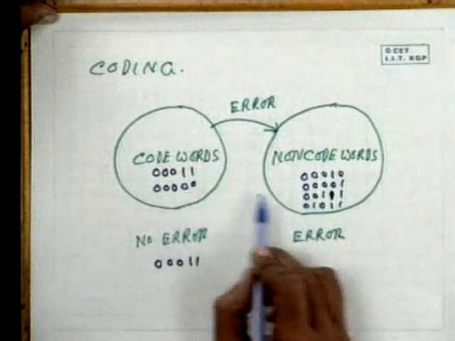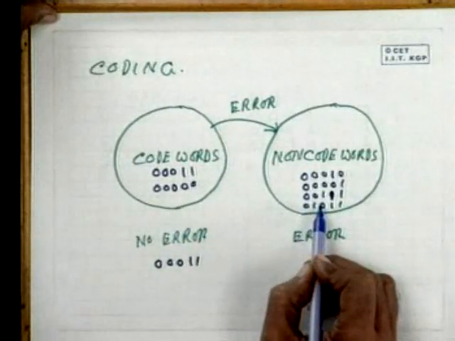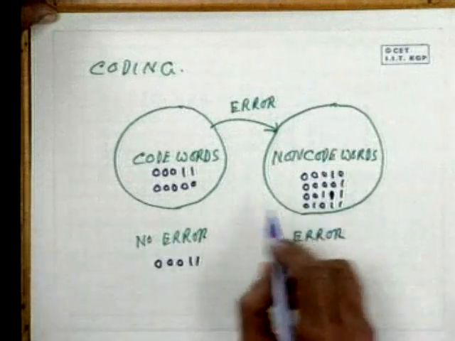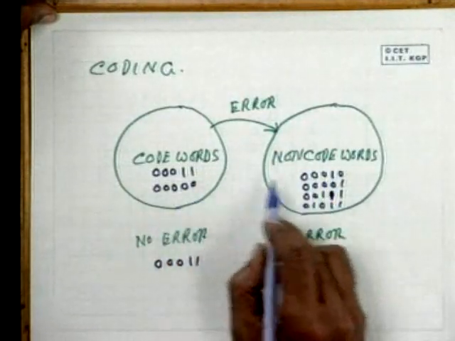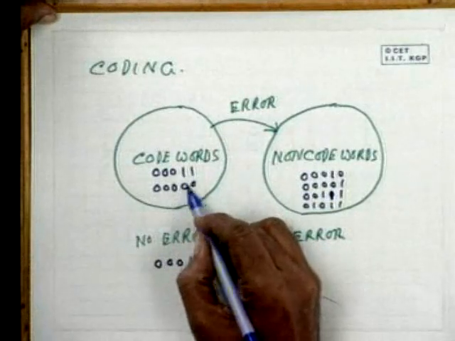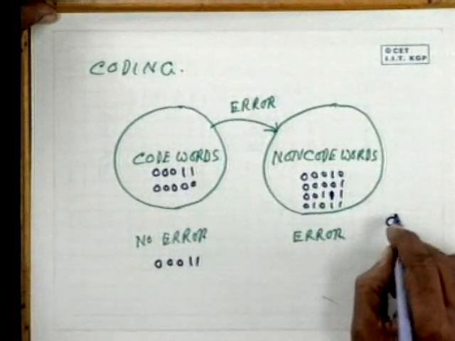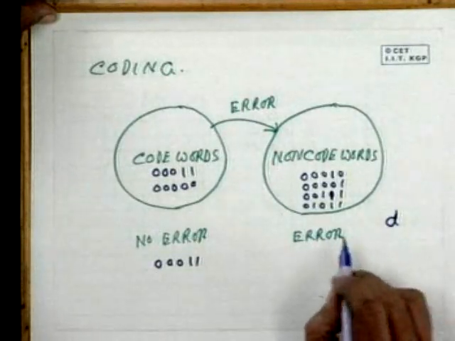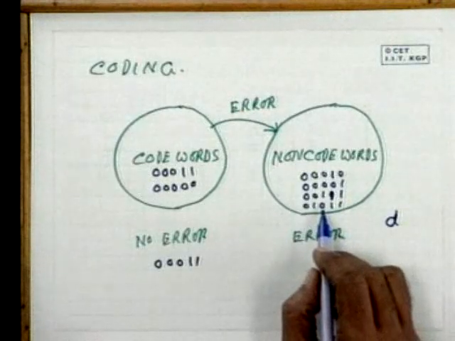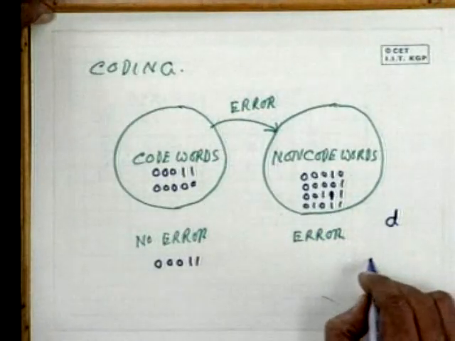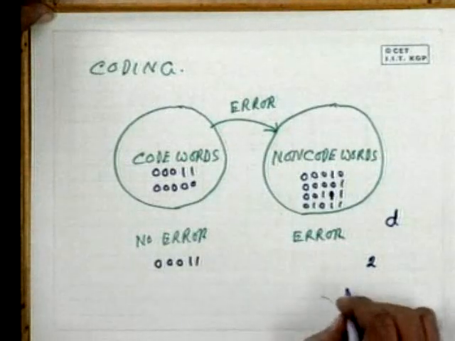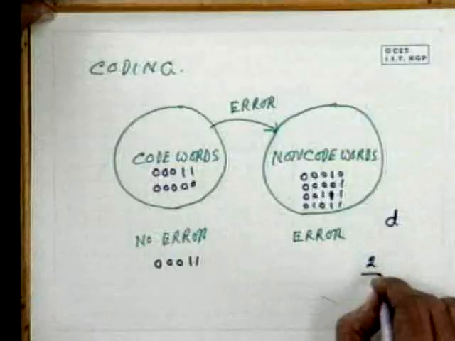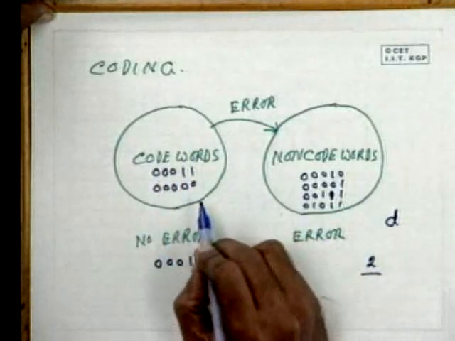So these two can be distinguished, and the relationship is this: the number of bits in which any pair of code words differ, if we call it D, to detect a single error, the distance has to be minimum of 2. So if one bit error has to be detected, the minimum distance between any pair of codes has to be 2. In parity bit, that is what is being done.